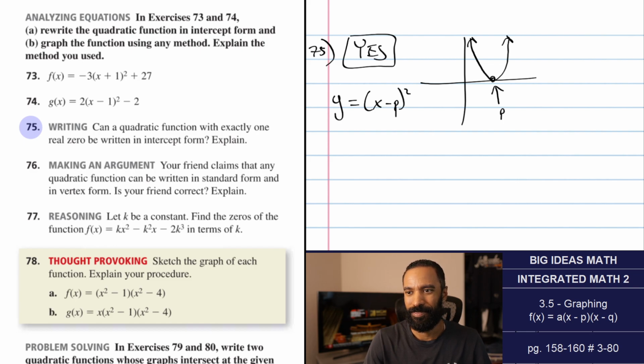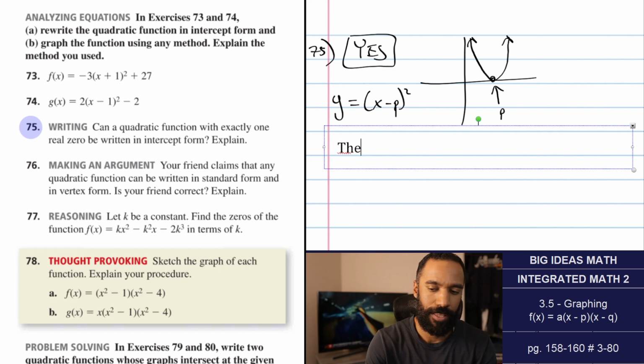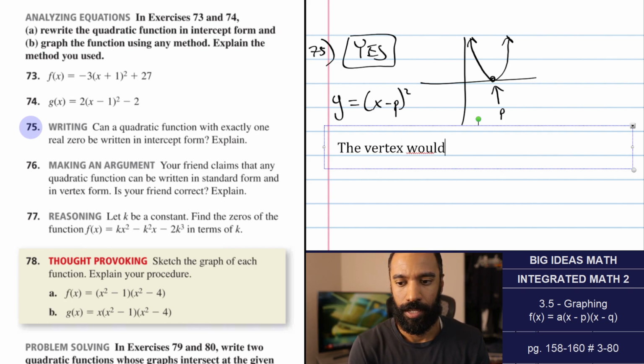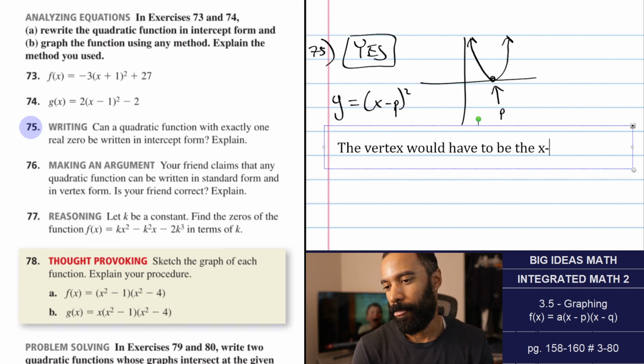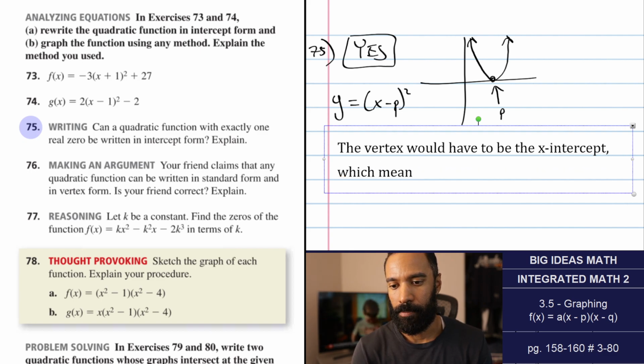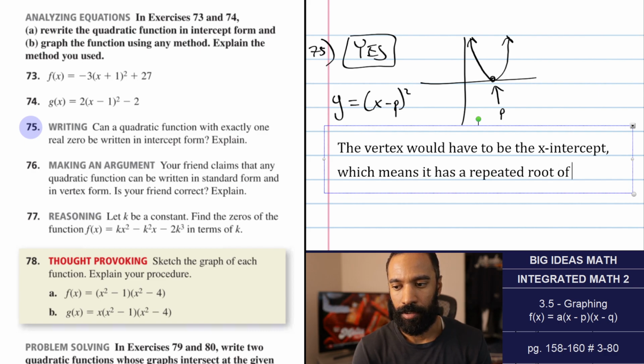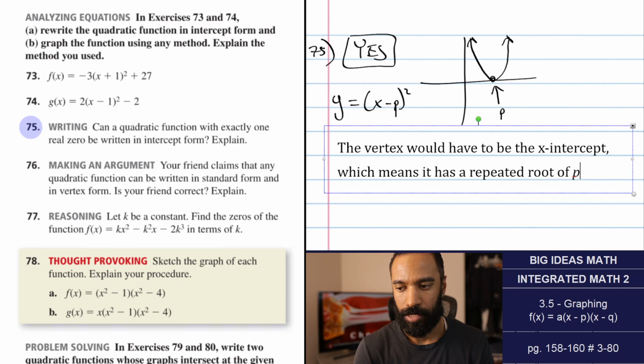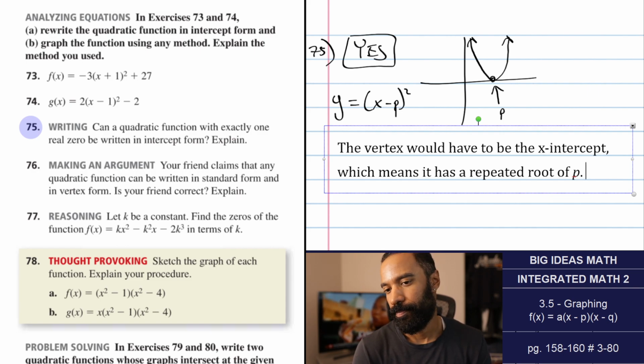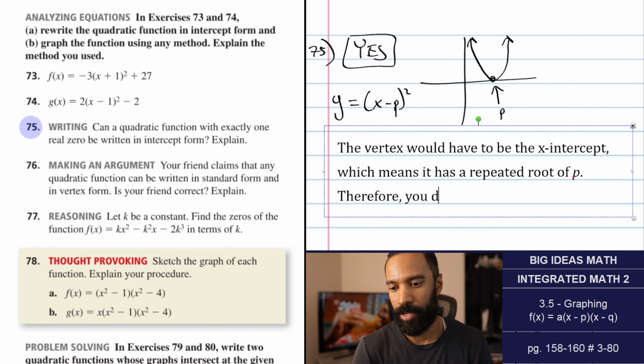Fine. The vertex would have to be the x-intercept, which means it has a repeated root of, say, P in this case. Therefore, you square it.